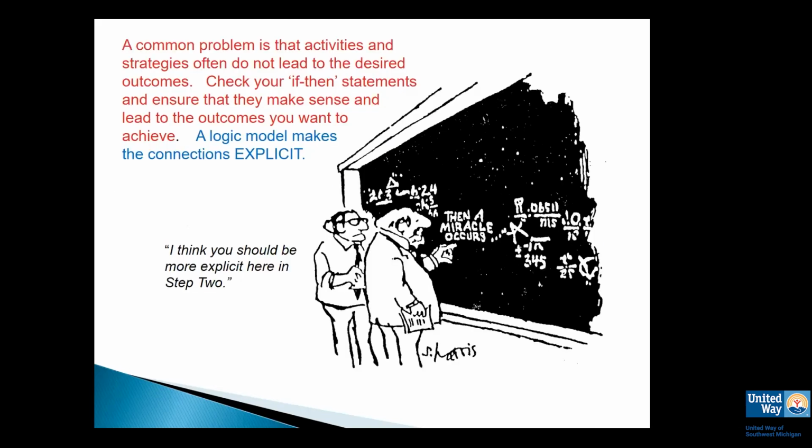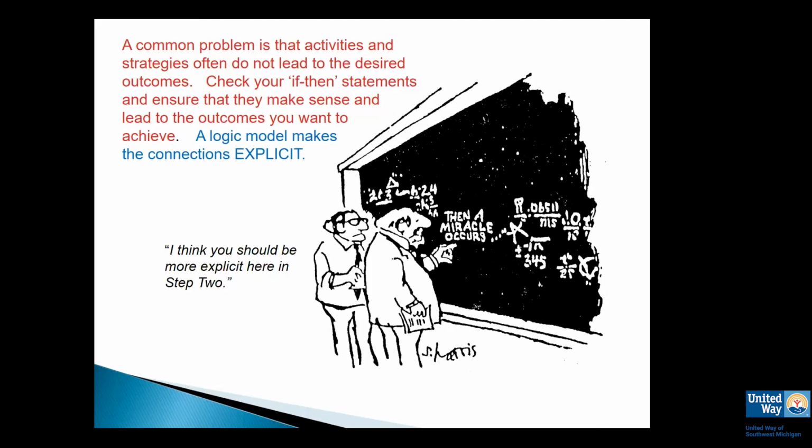So, a common problem is that activities and strategies often don't lead to the desired outcomes. We have these things that we do, but we either can't measure them very well, or we have problems linking that activity to the outcome we want. And so you need to go through your if-then statements and see if they logically connect to each other, and the logic model is what makes those connections explicit.